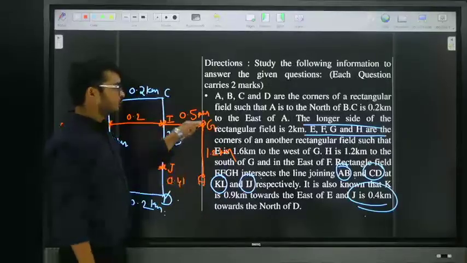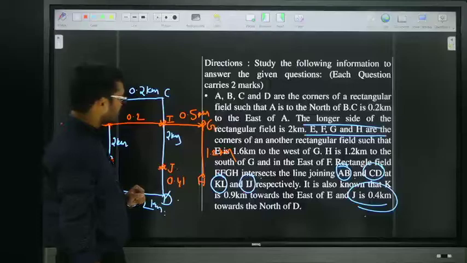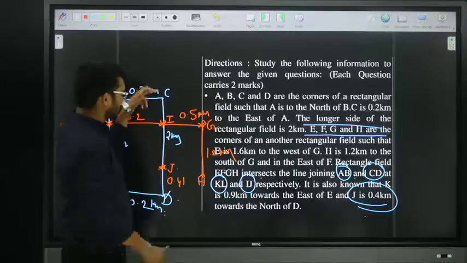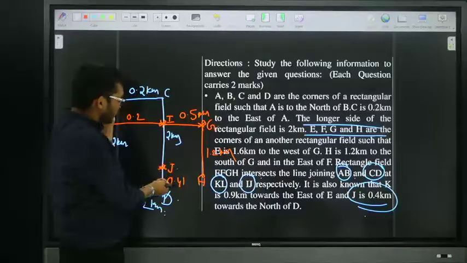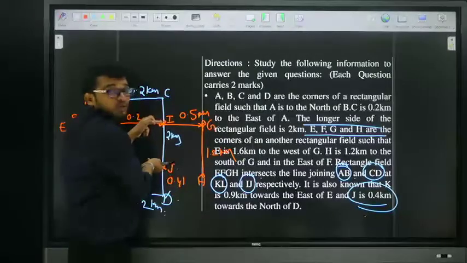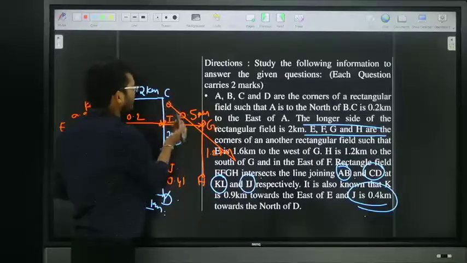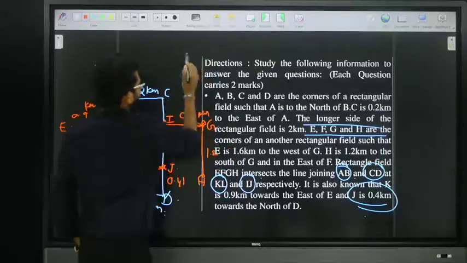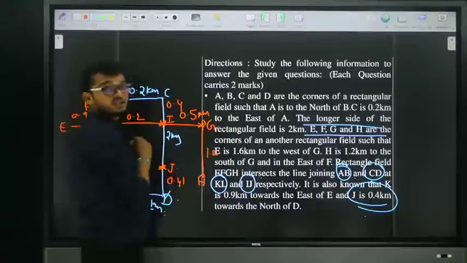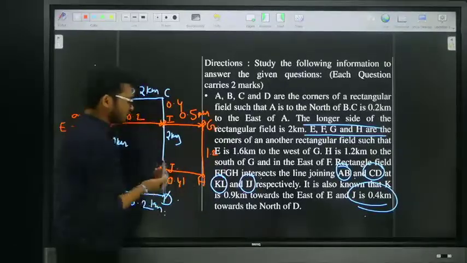H is 1.2 kilometer to the south of G. Friends, 1.2 kilometer to the south of G means, see here, the total is 2. Total is 2, then this one is 0.4, and this one is 1.2. That means the total is 1.6. That means the remaining is 0.4. This one also 0.4.